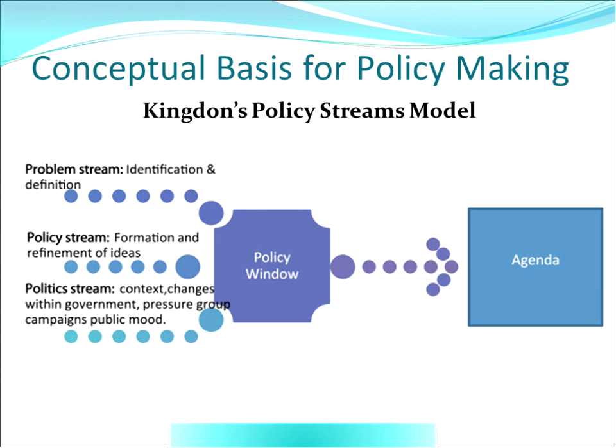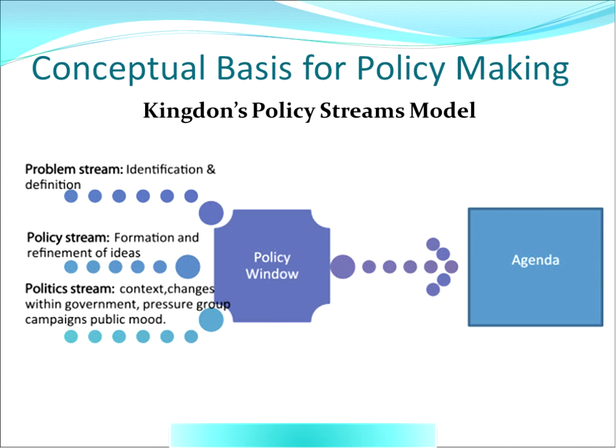Now, there is a conceptual basis for policy making, which I think is interesting and I really need to bring up. It's called Kingdon's Policy Streams Model. I will give you an example of this that will really drive this home. They say that first there's a policy stream going in through the policy window, which then comes out to an agenda, and that's what's in the figure here. First you have to identify the issue, and you want to define it. The next policy stream is formation and refinement of your ideas.